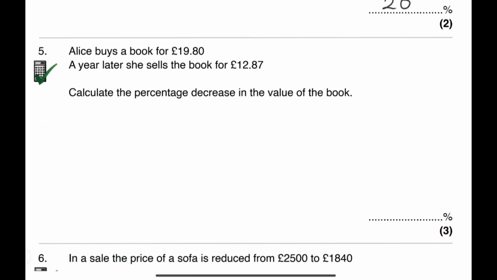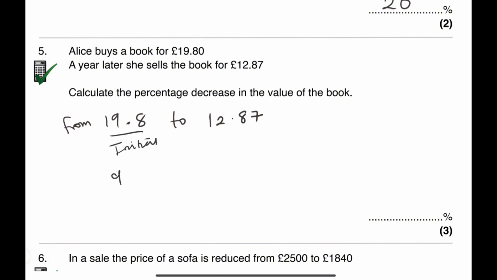Alice buys a book for 19.8 and a year later she sells the book for 12.87. So calculate the percentage decrease in the value of the book. Easy. So it went from 19.8 to 12.87. So that means this is our initial.